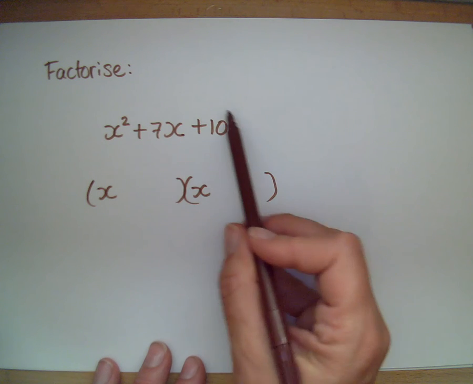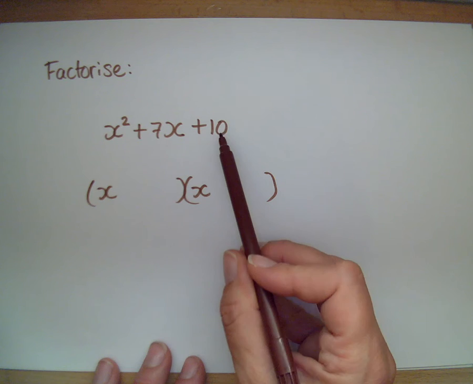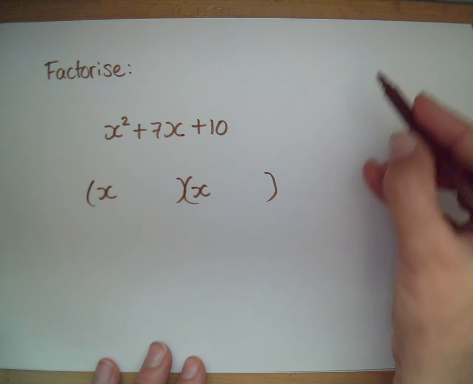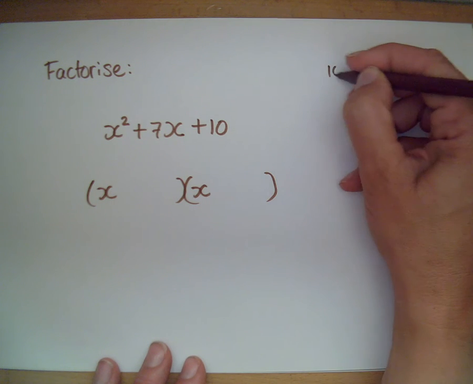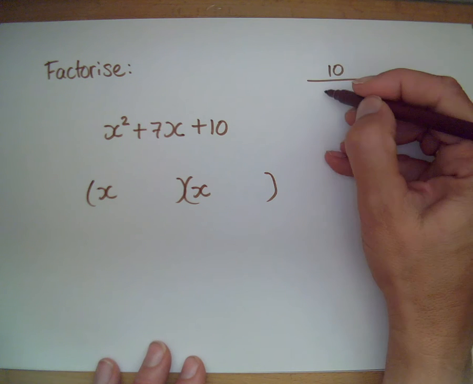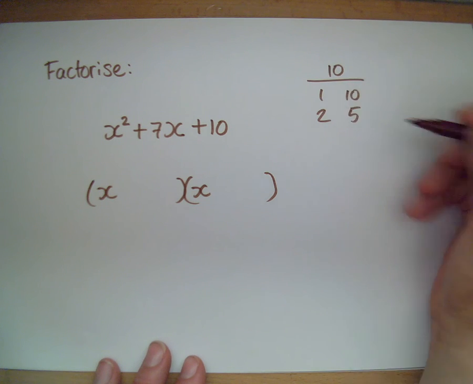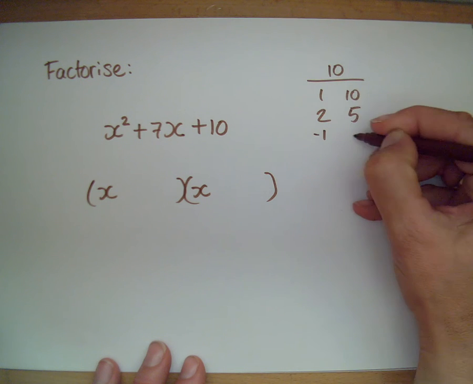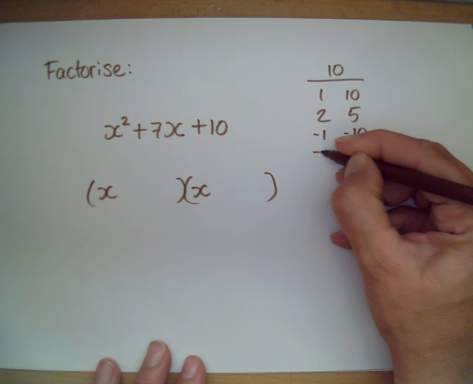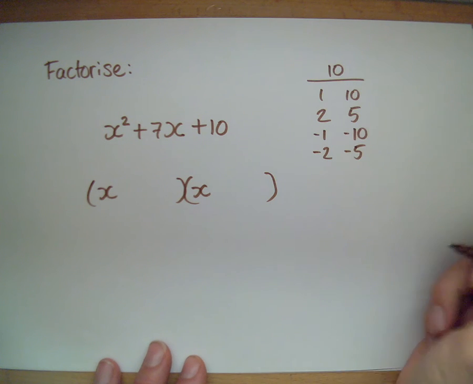We start by finding factors of 10. Which two numbers multiply to give 10? Well, 1 times 10, 2 times 5, but also -1 times -10, -2 times -5.